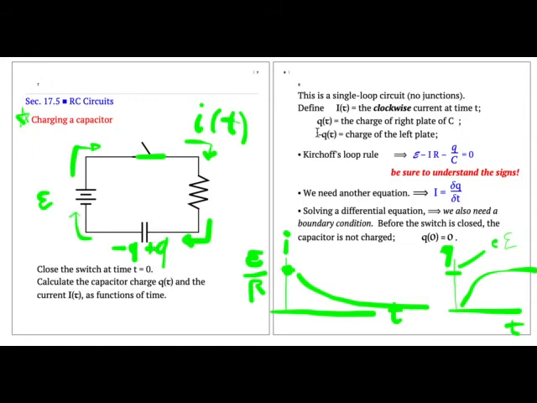And then minus Q of t will be the charge on the left plate. As charge builds up on one plate, it has to flow away from the other plate, leaving it negative. Otherwise, the capacitor would have a net charge, and that never happens.